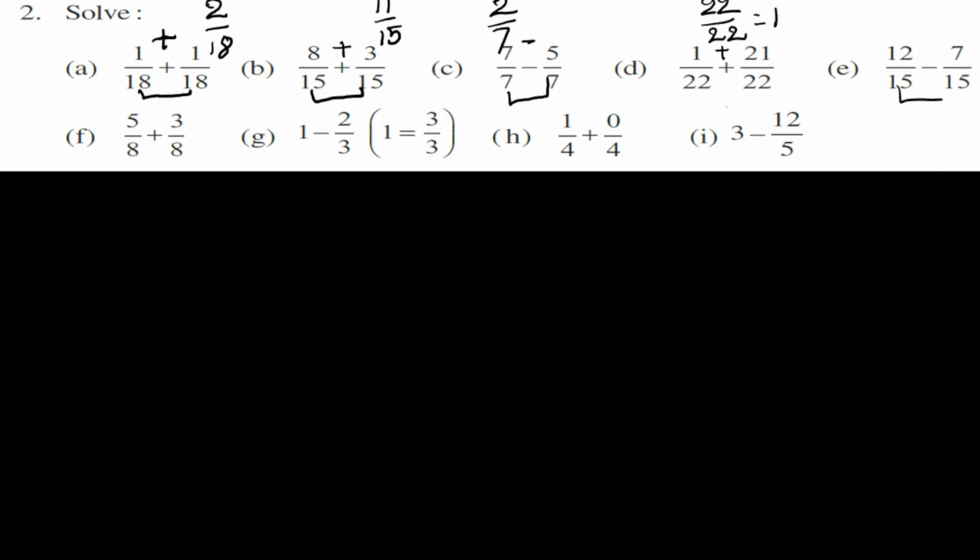And here these are like fractions. So we can subtract the numerators directly, and 12 minus 7 is nothing but 5, and we need to retain the common denominator, and it is nothing but 1 upon 3.